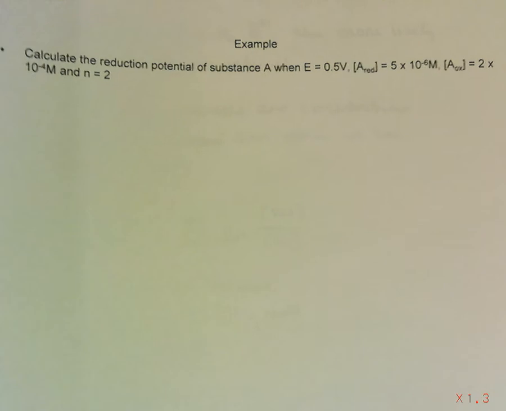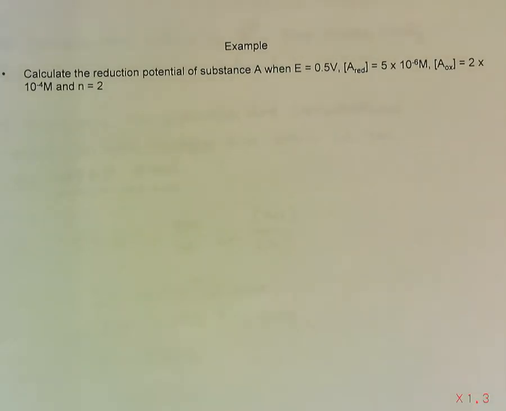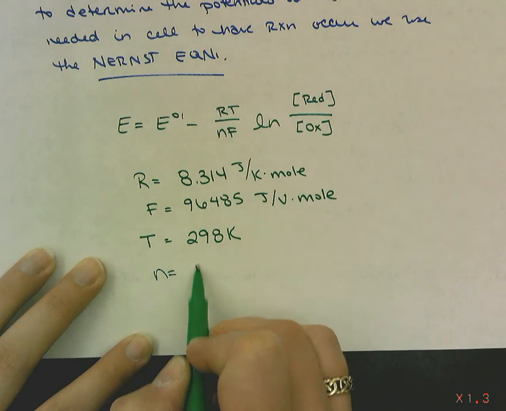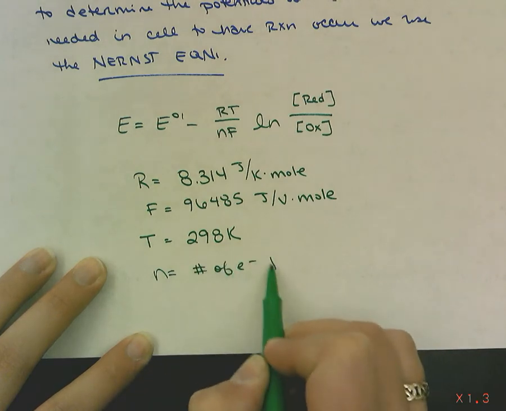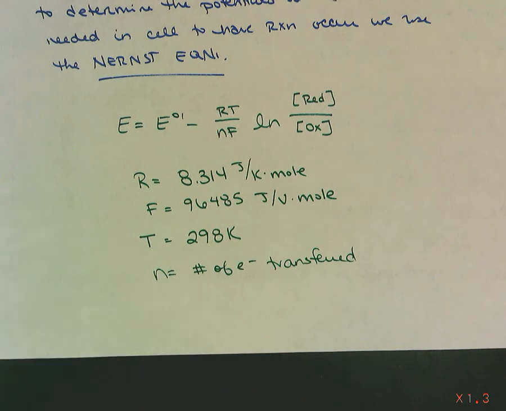Let's calculate the reduction potential of a substance, knowing the actual potential, the concentration of the oxidized and reduced values. Oh, and I also forgot N over here. N stands for the number of electrons transferred. So it's going to be a whole number of some sort.